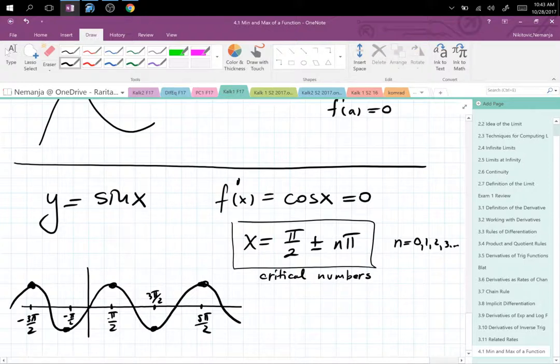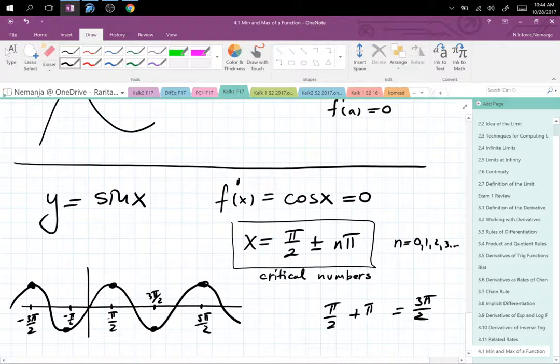I would find it now when I start checking. So pi over 2, if n is equal to 0, this drops, and you just have this one. If n is equal to 1, you have pi over 2 plus pi, which is 3 pi over 2 if you do the common denominator. That gives you this minimum.